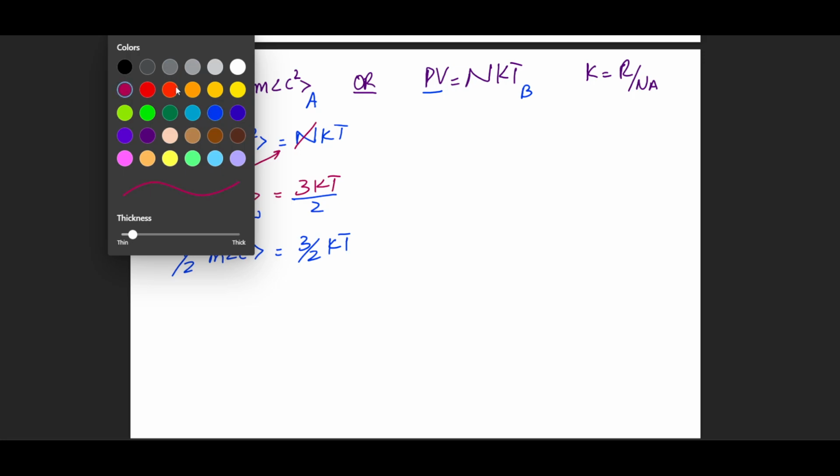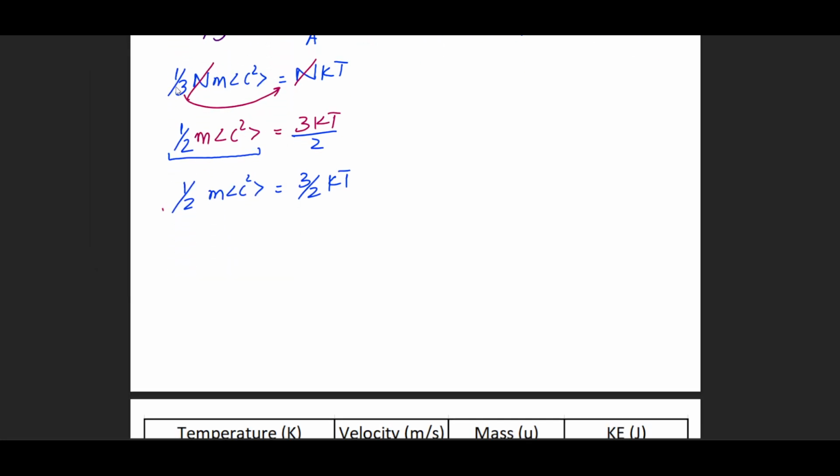Now let's try to discuss what this has become. This property is microscopic. Now what do we mean by microscopic? If I know the properties of one atom, I can describe the property or the temperature of the whole system, right? And this one is actually macroscopic. You see, k is a Boltzmann constant that does not change.